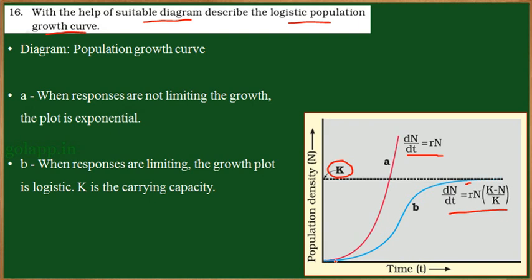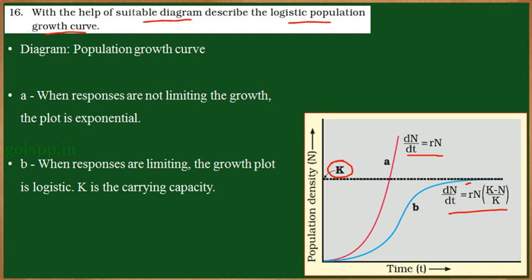So this part is called the lag phase, and slowly there is an increase in the population size, and finally the growth slows down and it reaches the carrying capacity. And once it reaches the carrying capacity, there would be no further increase in the population size.